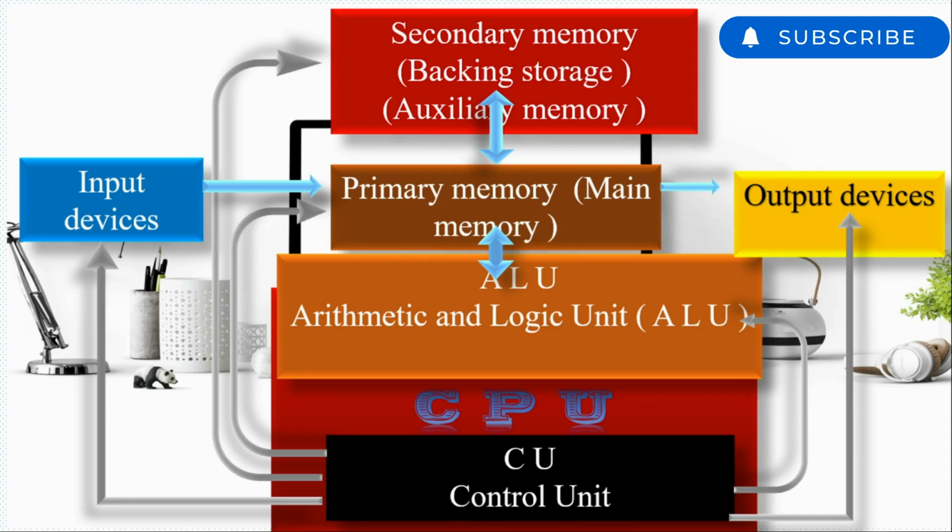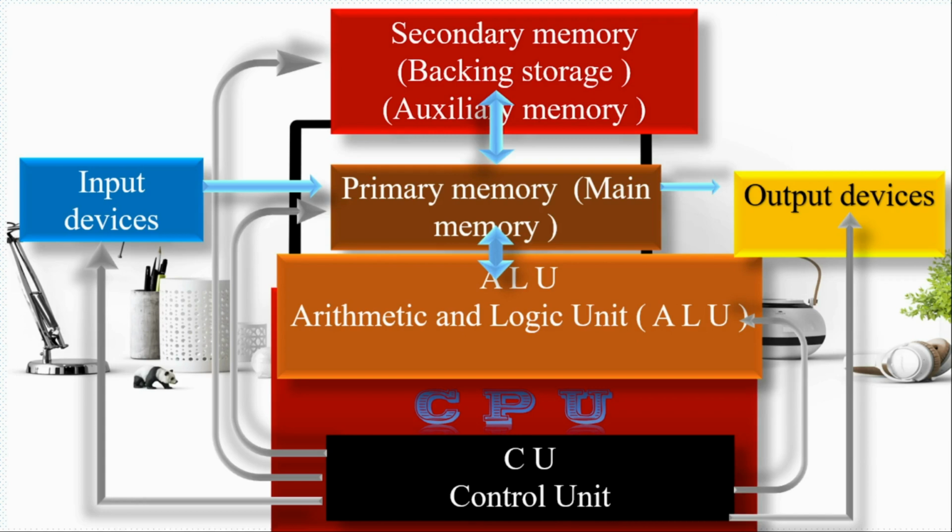Next one, secondary memory, also known as external memory, back-end storage, or auxiliary memory. Those are similar names for secondary memory. This can be known as fixed memory and removable memory.